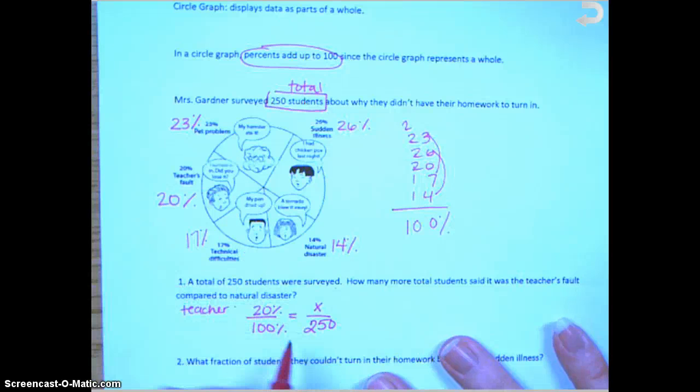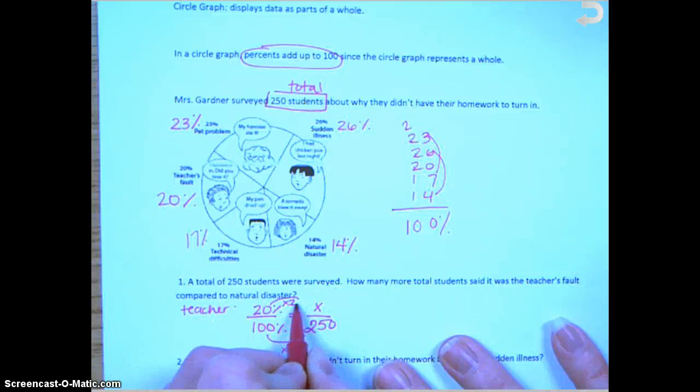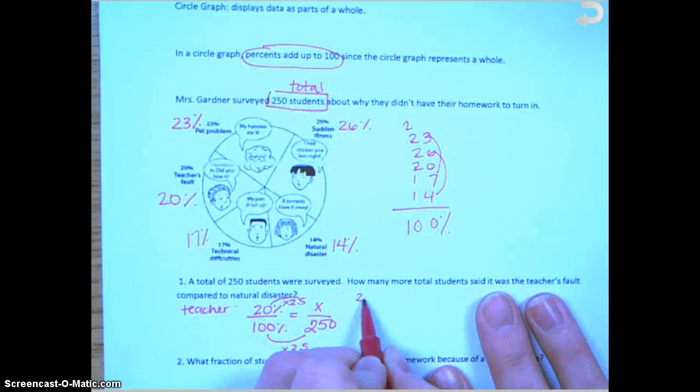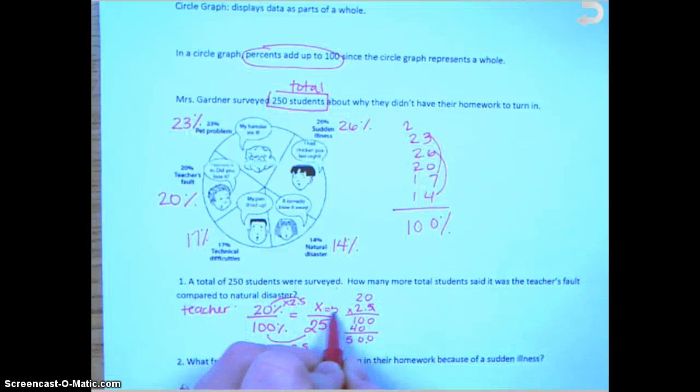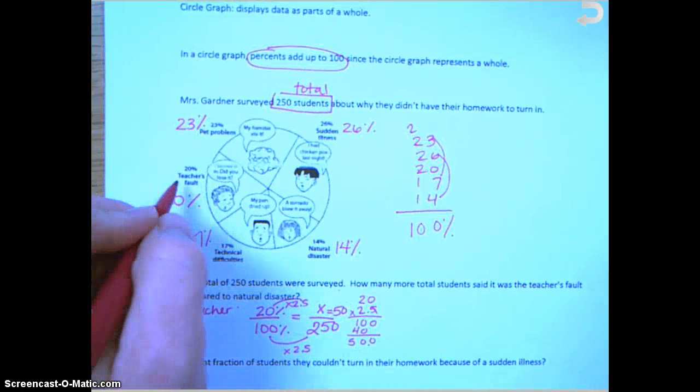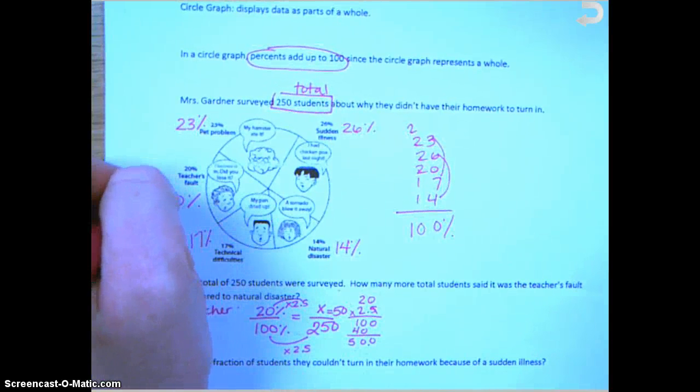Well, from 100 to 250, you're going to be multiplying by 2.5. So let's just do 20 times 2.5. When I do 20 times 2.5, it should be 50. So 20% is going to add up to 50 kids.